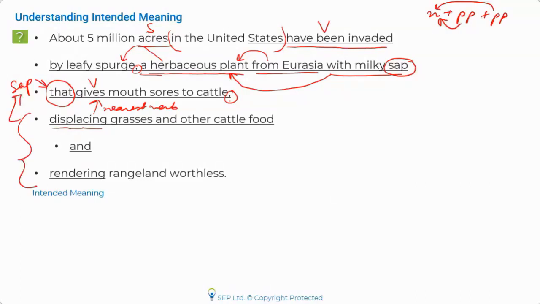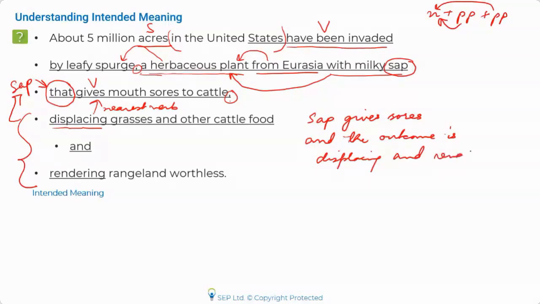So we are basically saying sap gives sores, and the outcome is displacing and rendering, which is illogical. Sorry, guys. All right. So this is the part which is very, very incorrect. That is modifying sap and it is not making sense. So the modified entity and the modifier do not agree logically.